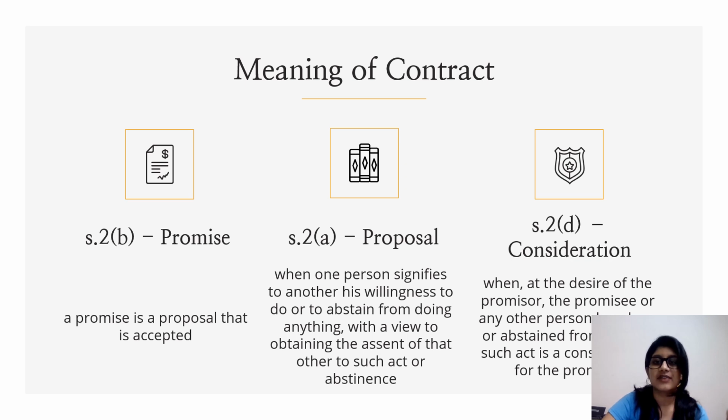And finally, we have consideration. That is under section 2D. When, at the desire of the promisor, the promisee or any other person has done or abstains from doing something, then such act is a consideration for the promise. Now, we will study the definition of consideration in detail later, so let's leave that for now.